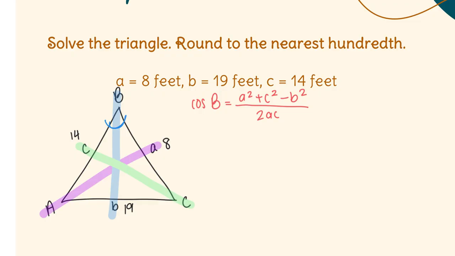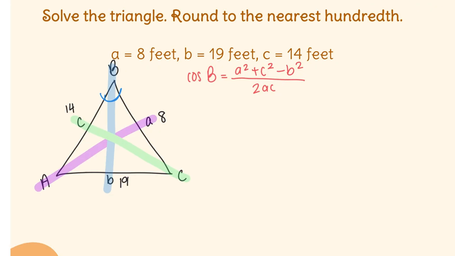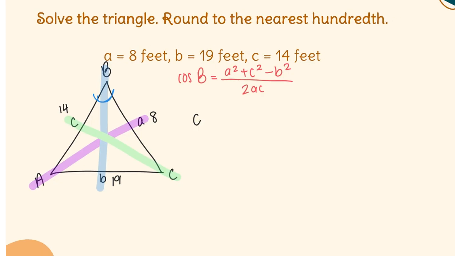Okay, let's go ahead and find angle B by plugging in what we have. So just writing it as cosine B equals, I'm going to have 8 squared plus 14 squared minus 19 squared over 2 times 8 times 14.